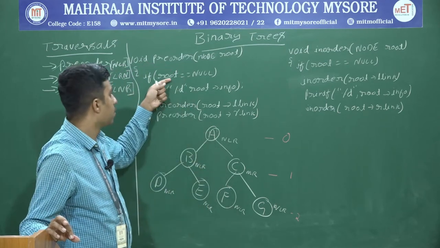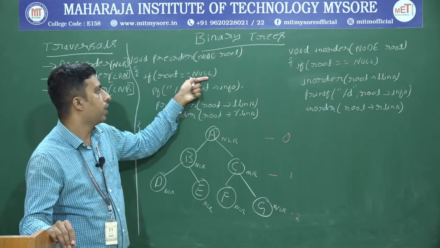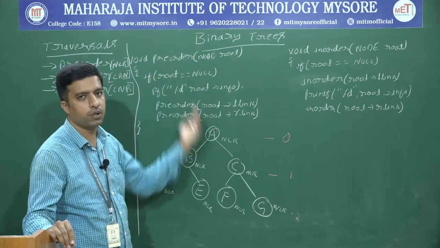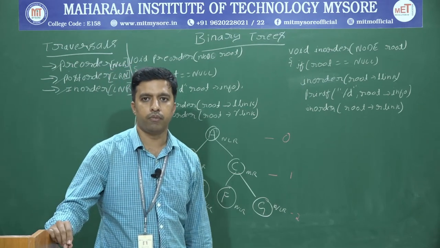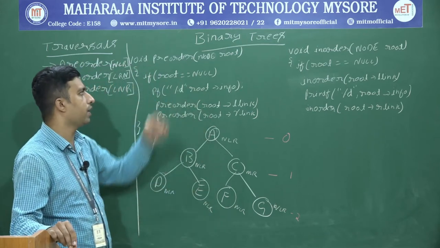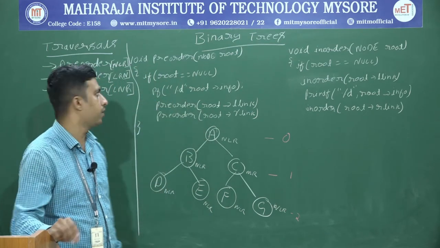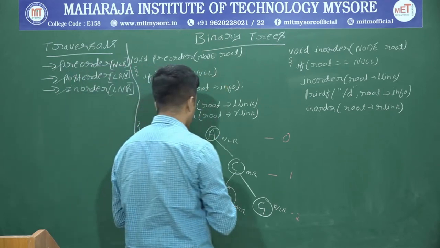Root is a pointer here. If root itself is empty, that is null, we don't have any nodes in the tree to traverse. For that reason you have to check whether the root is null or not. In case root is null, it is going to return back.